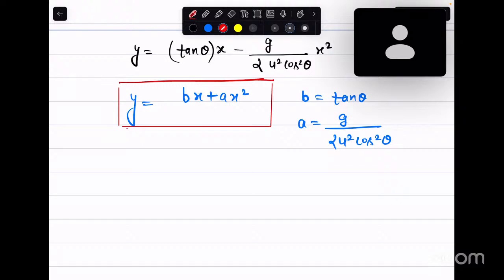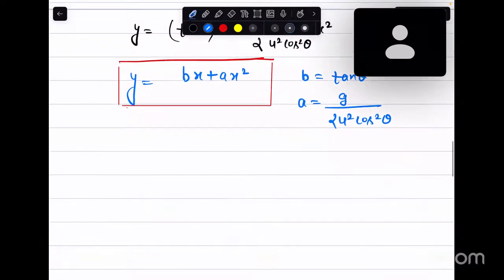Yes, anyone? This particular equation is the equation of a parabola. So the path of a projectile is parabolic.